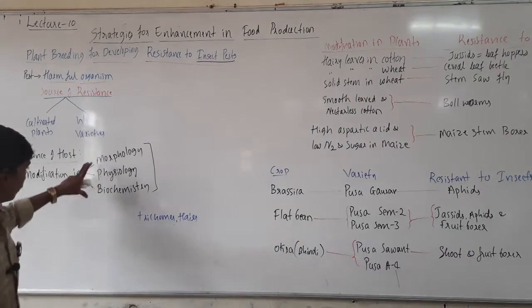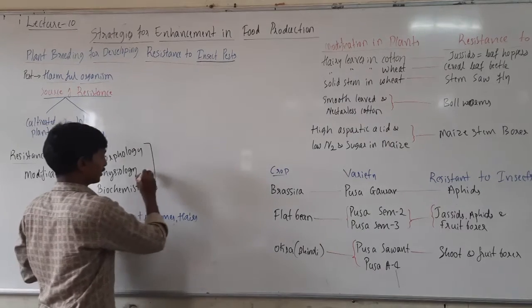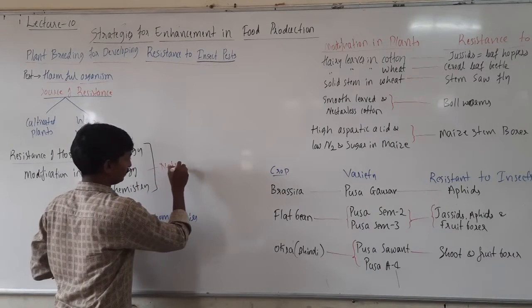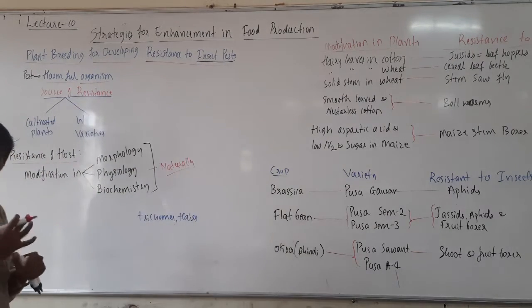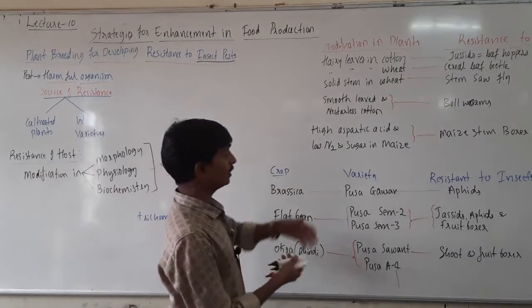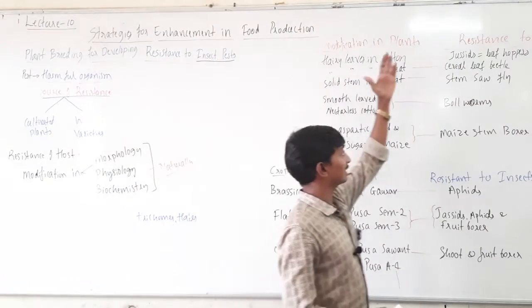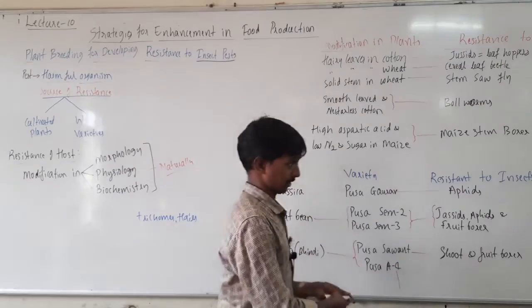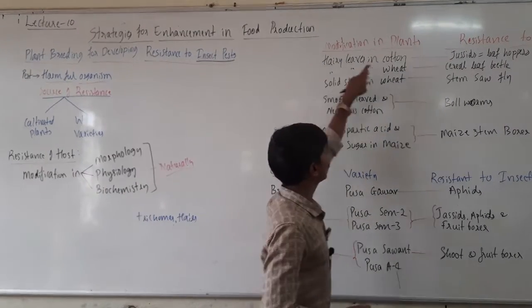Firstly, we can see the morphological modifications. These are naturally modified. There are some modifications in the plants, and because of those modifications, the plants are resistant to these insects. Firstly, we have hairy leaves in cotton.